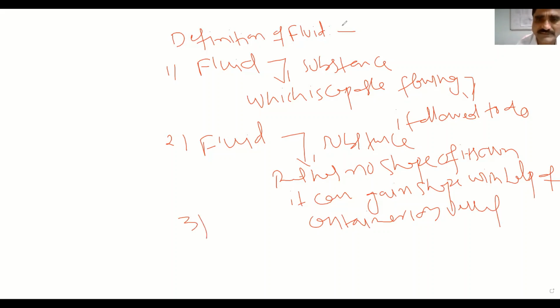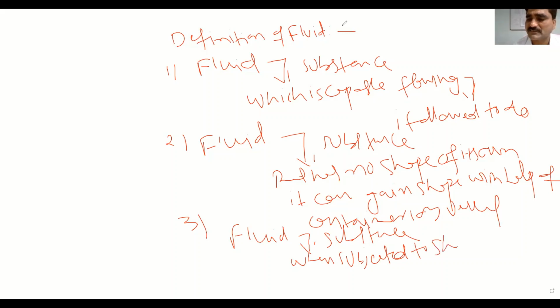Third is, fluid is a substance when subjected to shear stress, it can undergo continuous deformation.